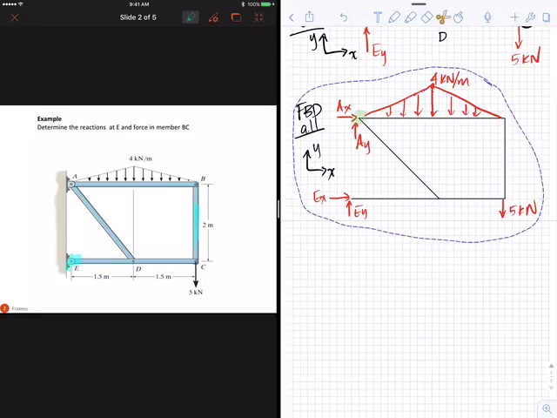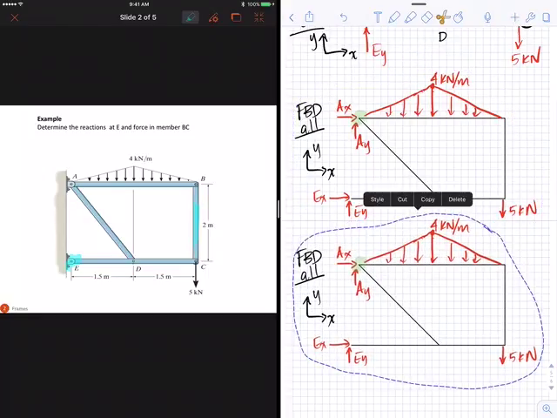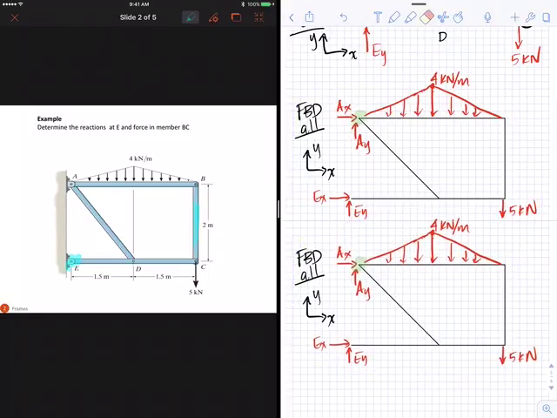So there's a couple ways we can handle this. So let's redraw what this is equal to. First, you might say, well, there's two triangles, so it's really the same, right? It's equivalent to two forces that are acting on this thing.